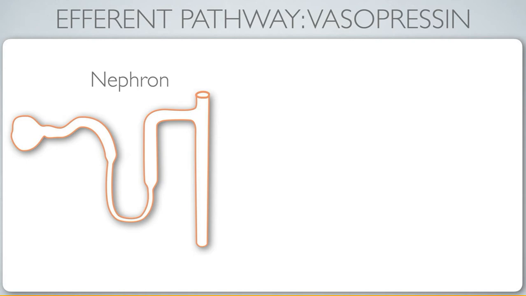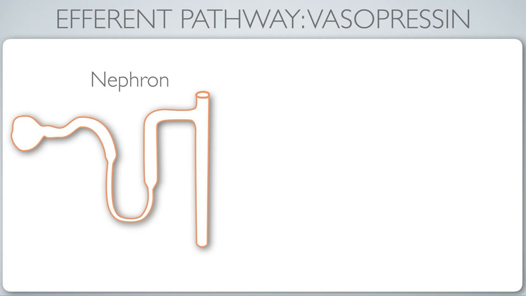Does the body need to hold on to water and therefore produce a more concentrated urine? Or is the blood volume large and therefore we want to offload some of the water and therefore produce a dilute urine? Now, the side of that homeostasis that this slide is focused on, and the control system that we're first going to consider, is the one that acts to retain or increase the body's water.